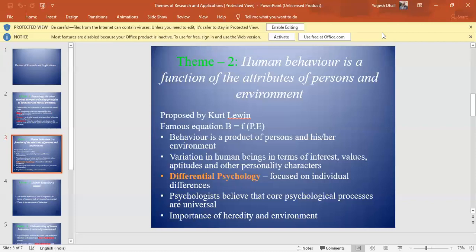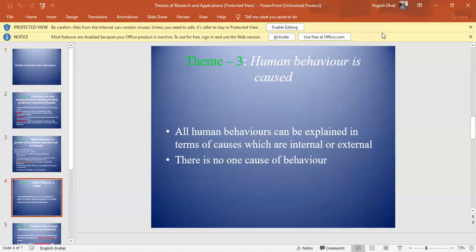So next we'll discuss theme number 3, that is human behavior is caused. All human behaviors can be explained in terms of causes which are internal and external. And the second point is there is no one cause of behavior. Okay, let's discuss this.